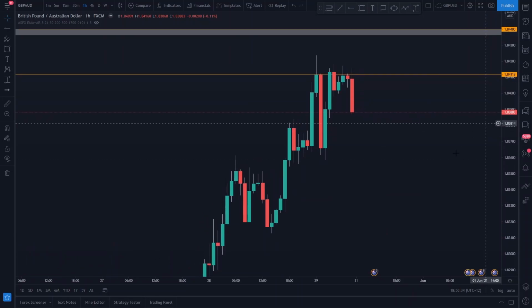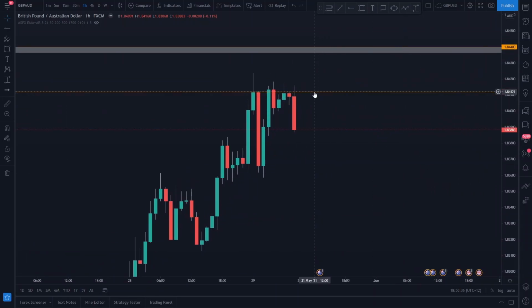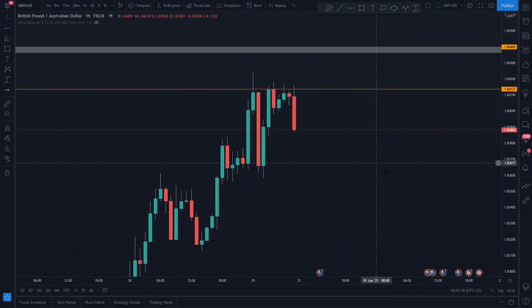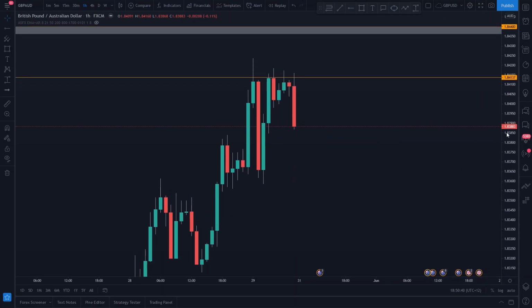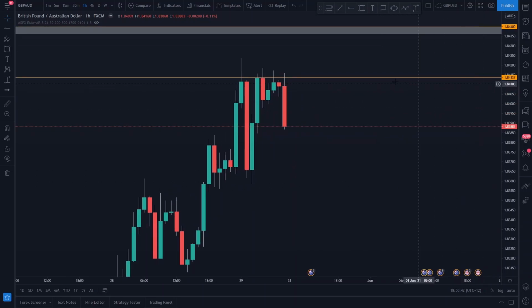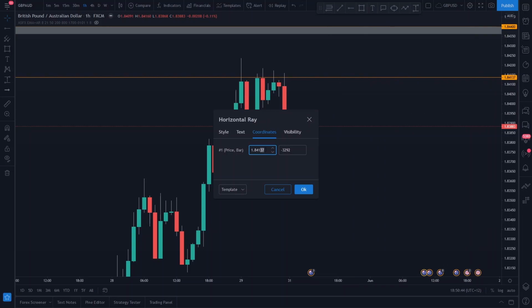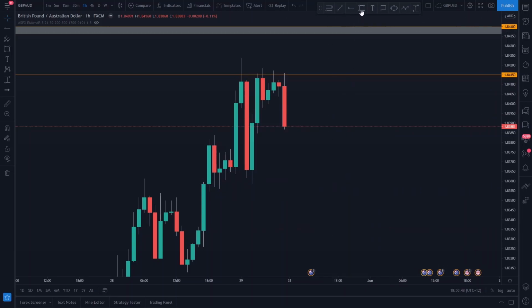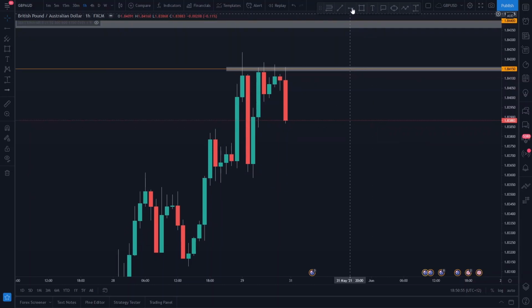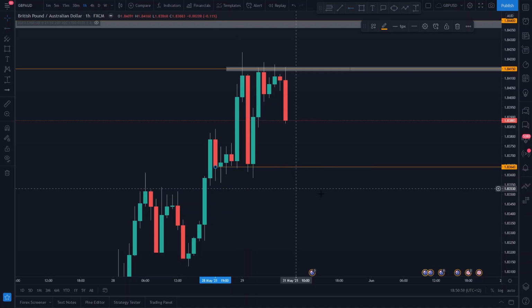Okay, the hourly is giving me a bit more information about where the trade can go next week. 84,137, 84,150, let's just make it an even 150. There you go. And I'm going to mark a zone here. Cool. And once again, I'm also going to mark the support.